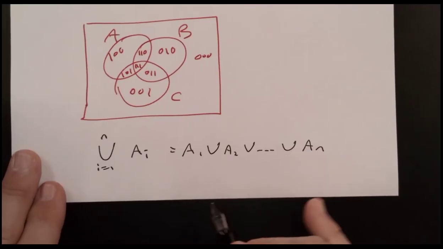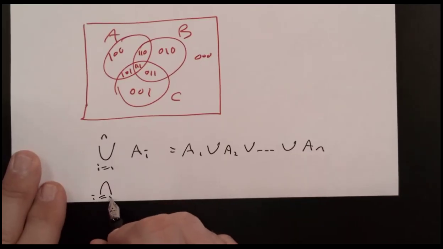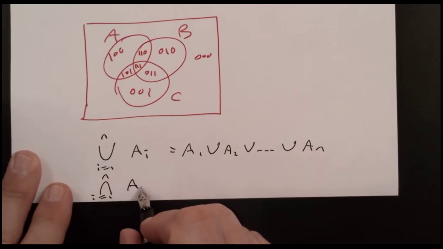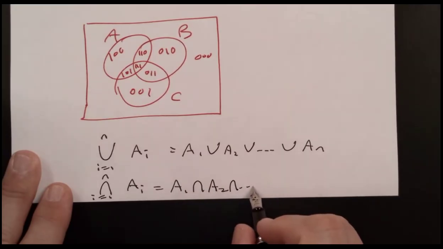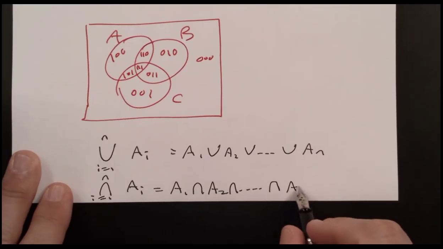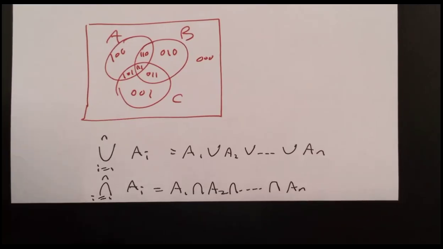Or the intersection of a whole bunch of sets. And then my De Morgan's laws will switch intersections and unions, just like they switch ands and ors.